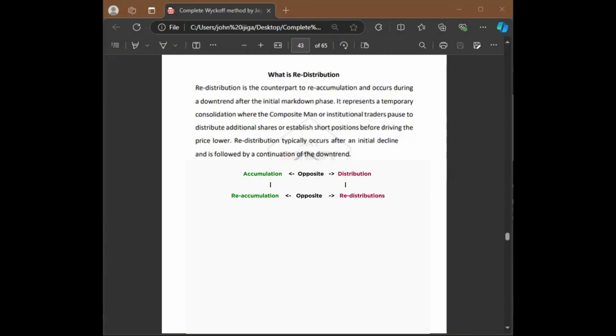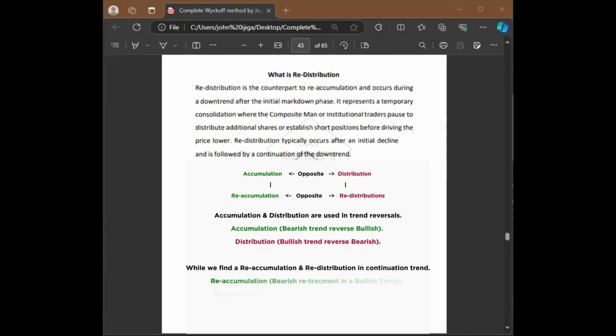Now, with that being said, we look for an accumulation and a distribution around a reversal point, while we look for a reaccumulation and a redistribution around a continuation point. What is the difference between the both of them?